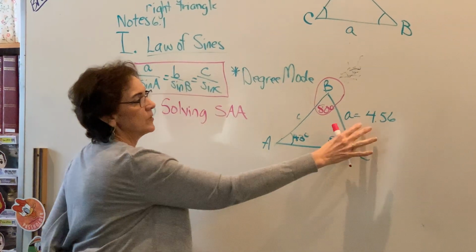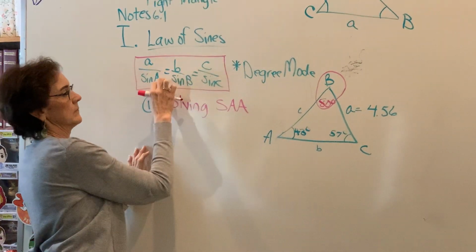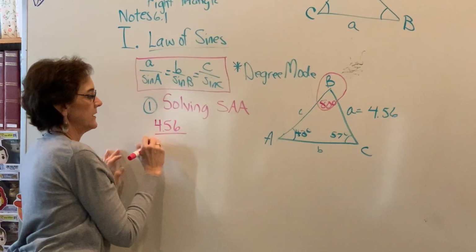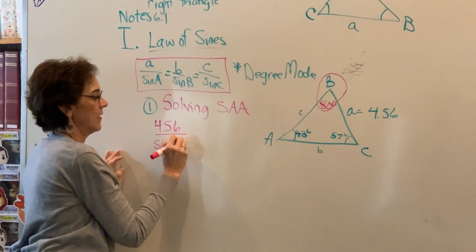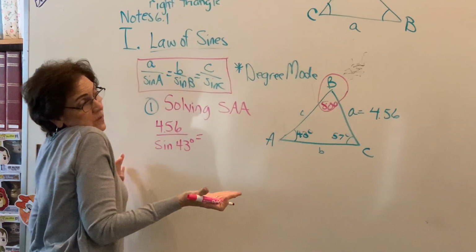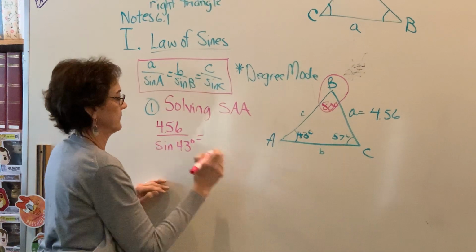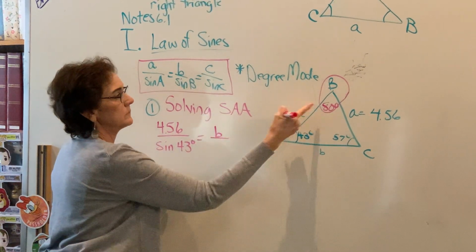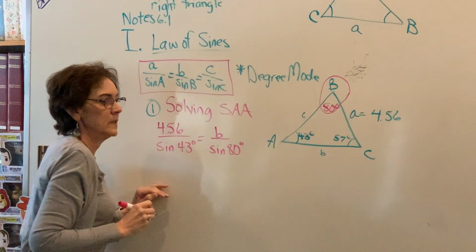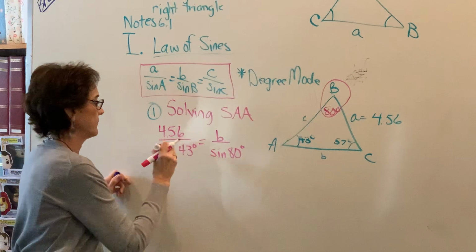So let's just start with this one. a is to sine A. So 4.56 is to the sine of 43 degrees as, now it doesn't really matter which one you want to solve, we'll just go for b, b over sine of 80 degrees. So to solve this, we typically just use the cross products.